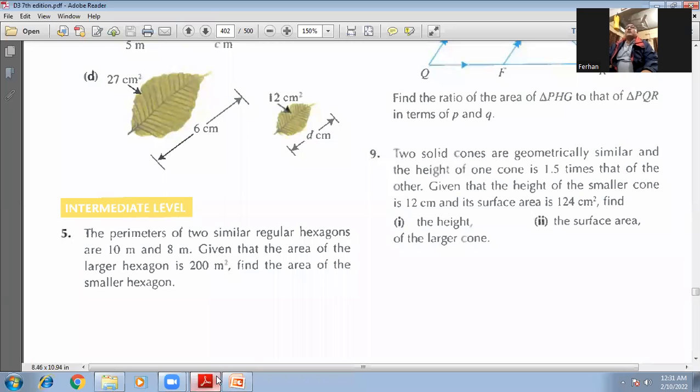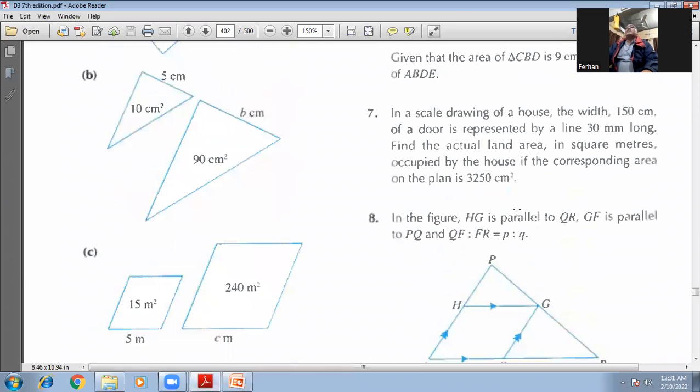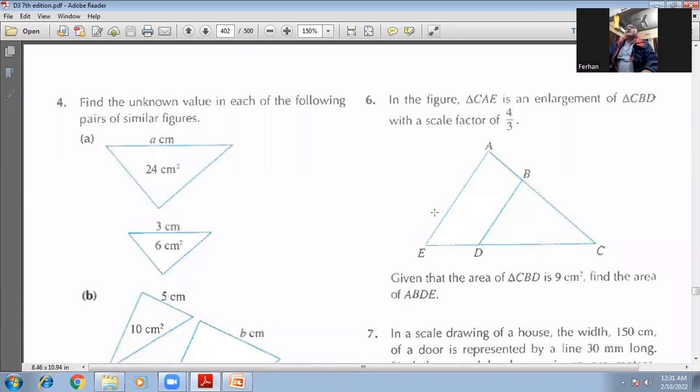And let's go to the question number 6. So here we go. In the figure, triangle CAE is an enlargement of the triangle CBD. So here we have the triangle CBD, and the CAE is its enlargement.